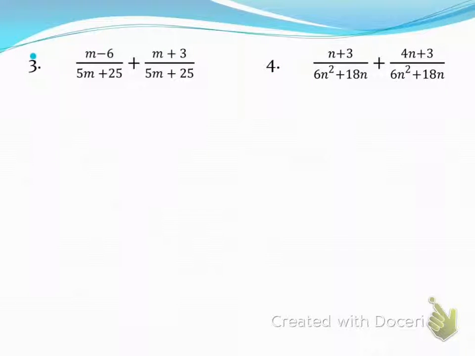All right, next examples. Again, we are starting off with a common denominator. So for number 3, what is my denominator going to be right now? 5m plus 25. For now, we can leave it that way, but you might notice that that denominator can be I haven't heard my favorite word, factored.